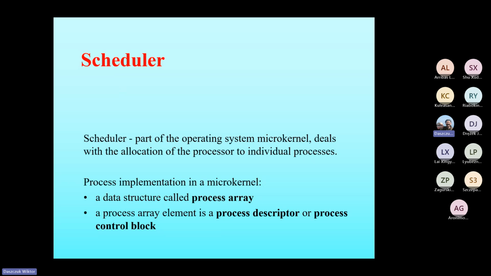It contains all information that differs this process from other processes. For example, state, ID, owner, parent process, head of list of children, and so on.